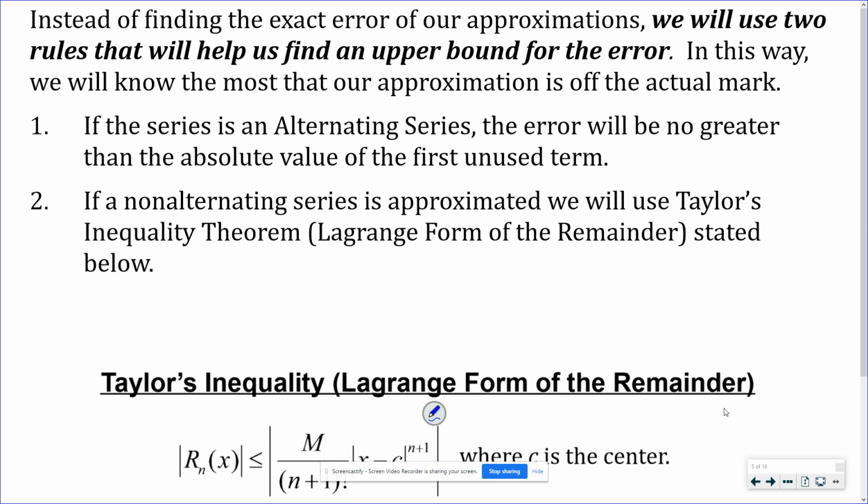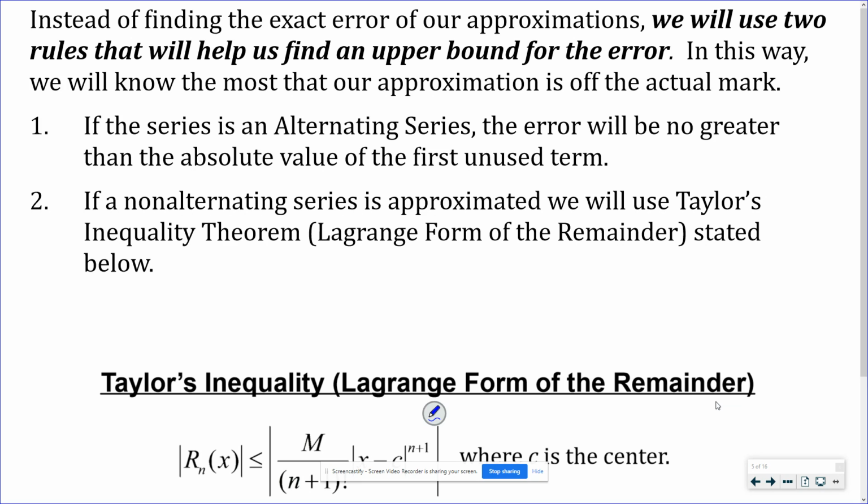A couple things about how we're going to use this. We have two rules that will help us find an upper bound for the error. An upper bound means that's the most your error could be. So this is not us computing the exact error all the time.